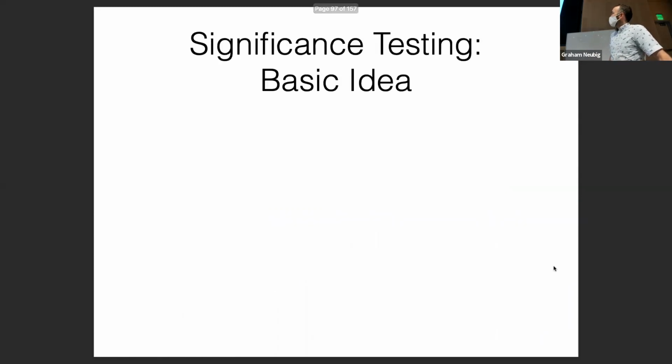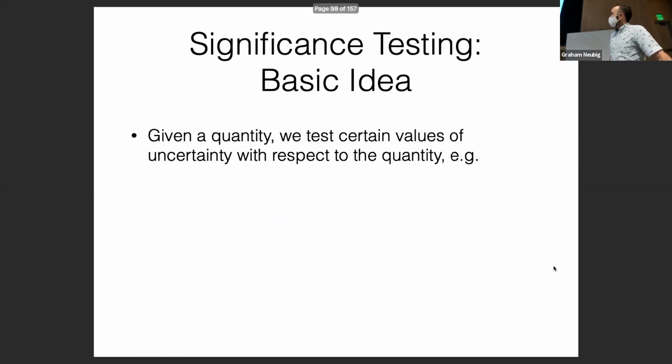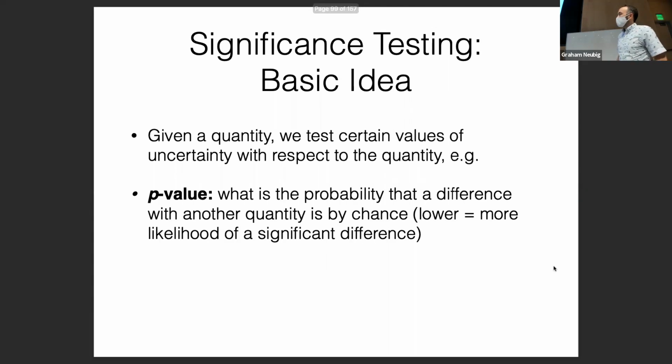And the basic idea is, given a quantity, we want to test certain values of uncertainty with respect to the quantity. Two very common ones are p-value, where p-value is: what is the probability that a difference with another quantity is by chance?